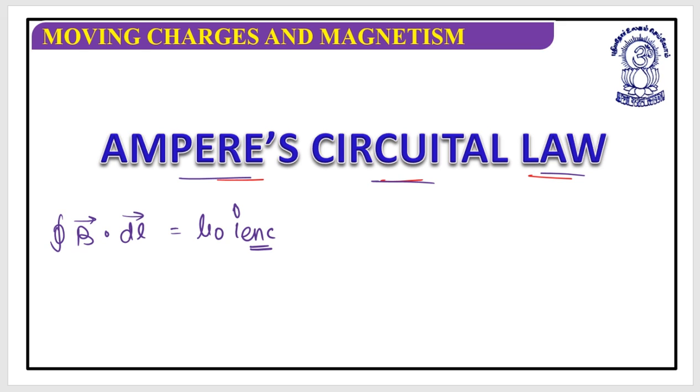We are talking about the I enclosed. That means, let's say this is the current carrying conductor and this is the circular loop, and the currents are going like this. I understand that this is I1 and this is I2.